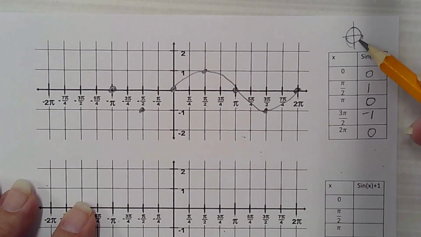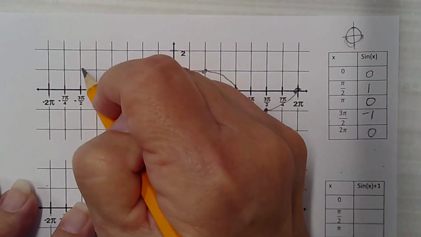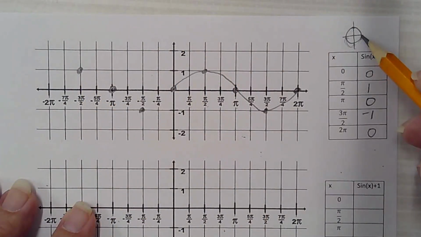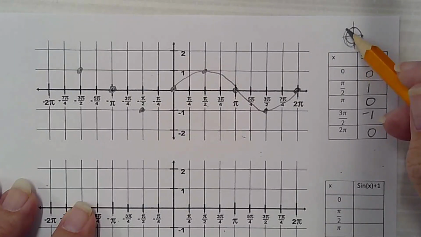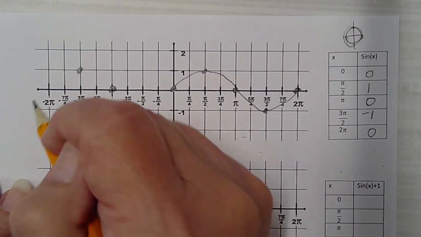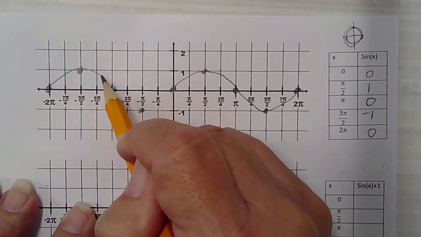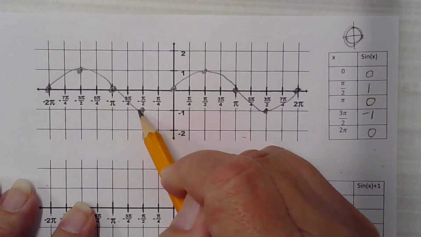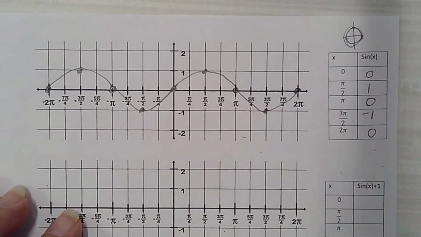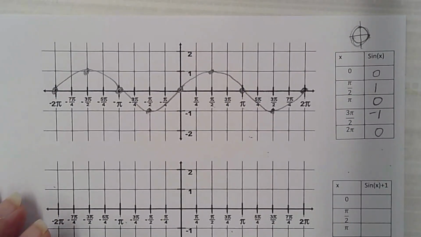If I go around to negative 3 pi over 2, my sine is 1. And if I go around to negative 2 pi, my sine is 0. So again, there's a hill, there's a valley. That sine wave is continuous, and we have these repeated cycles.